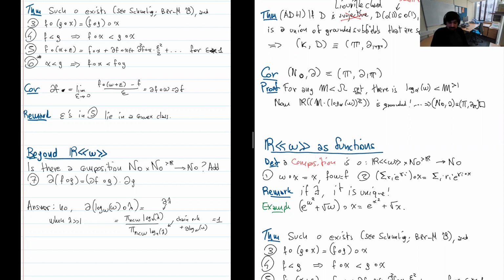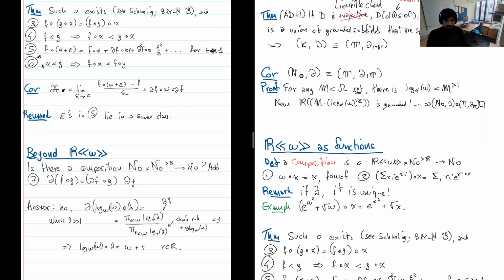And if this is always 1, then it means that this guy here, composed with lambda, has to be omega plus a real number. And that doesn't make sense. For example, because then this would be identity plus a constant, but it's clearly not what we want.